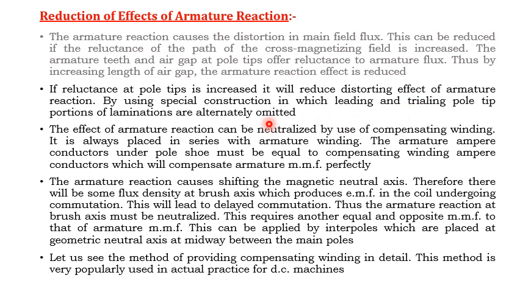So in order to increase the reluctance at pole tips, a special construction is required, in which the trailing pole tip portions of the laminations are alternately omitted.